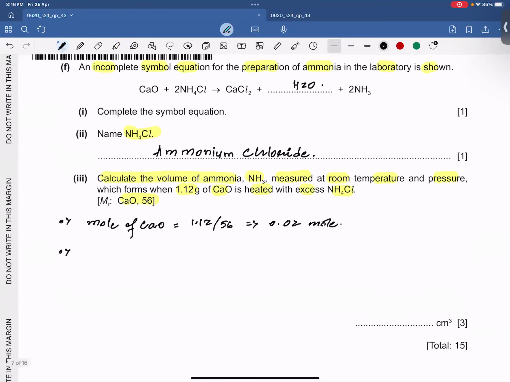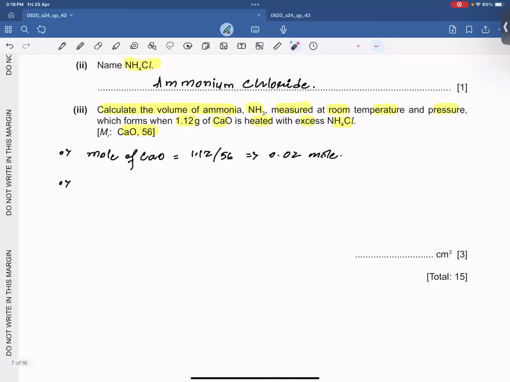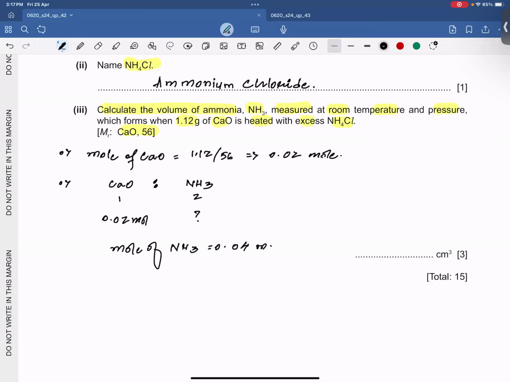Now, according to the equation, calcium oxide and ammonia have a 1:2 ratio. So if we have calculated 0.02 moles, then moles of ammonia would be 0.04 moles.